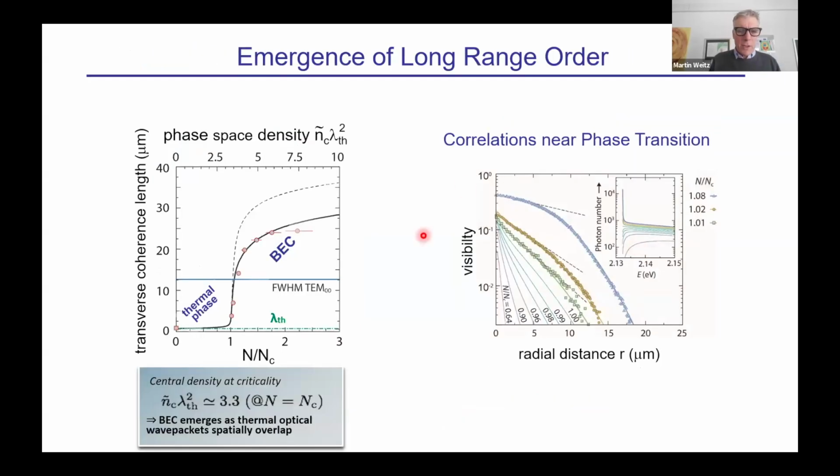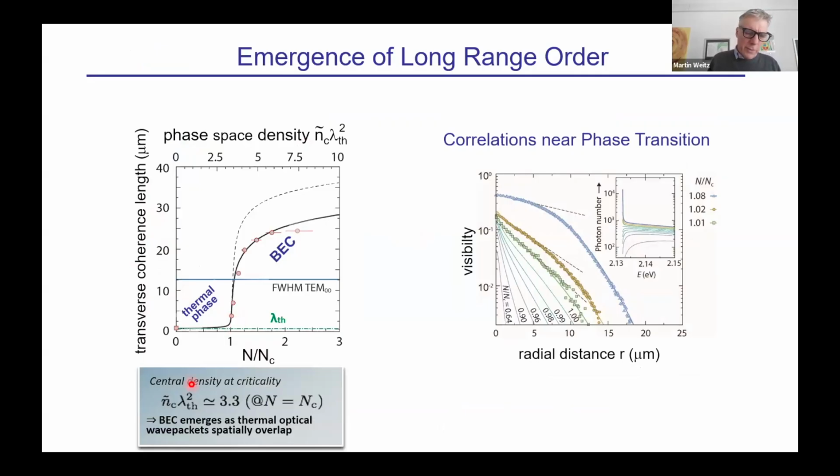So next, we checked whether at higher phase space density we can obtain long-range order. And there you see the variation of the transverse coherence length with photon number divided by the critical photon number. And you see that we basically see this at the point when the spatial de Broglie wavelengths overlap.